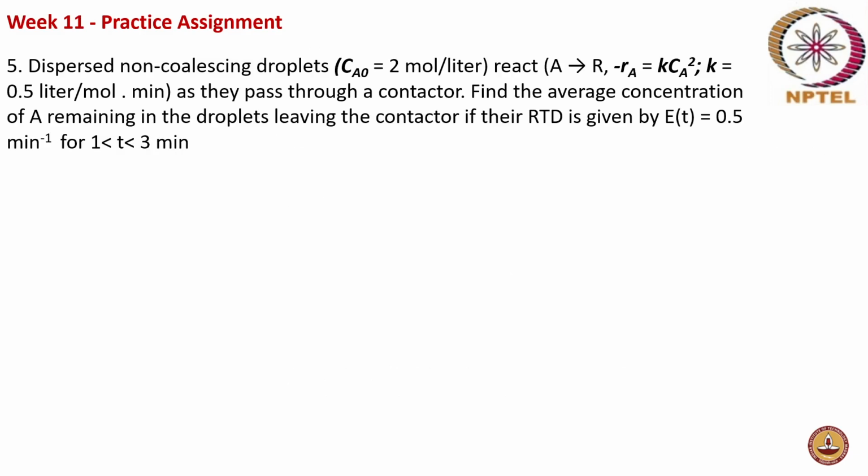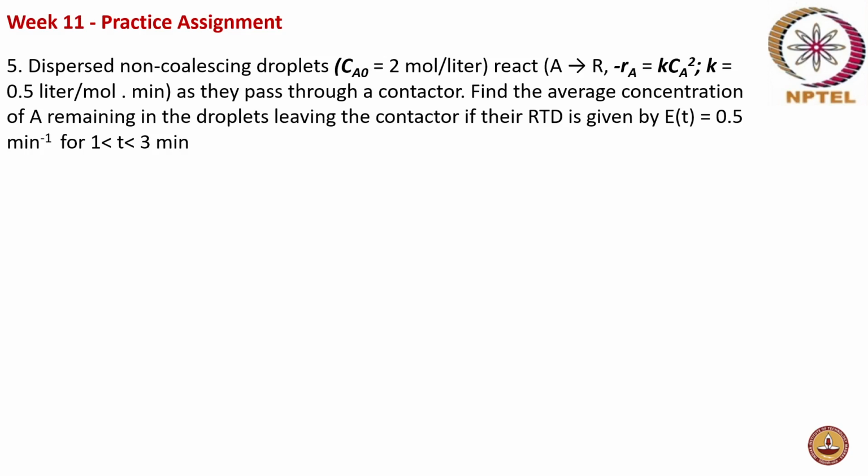So the next question is: dispersed non-coalescing droplets with Ca0 equal to 2 mole per liter react as per the following way. A gives R with a second order mechanism, so minus Ra is equal to K into Ca square, where the reaction rate constant is 0.5 liter per mole minute, as they pass through a contactor.